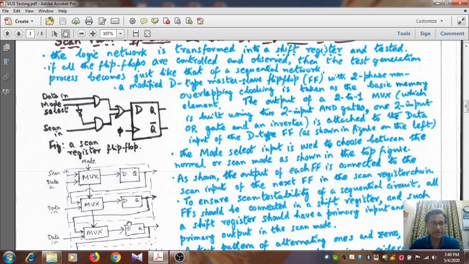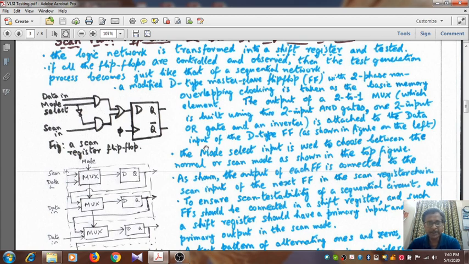If you do so, then in essence you get a shift register, and you need to test that shift register through the inclusion of a 2-to-1 multiplexer for each D flip-flop. So there is a normal data input and there is a scan input, and based on the mode select value you subject the device to normal operation or to scan operation.